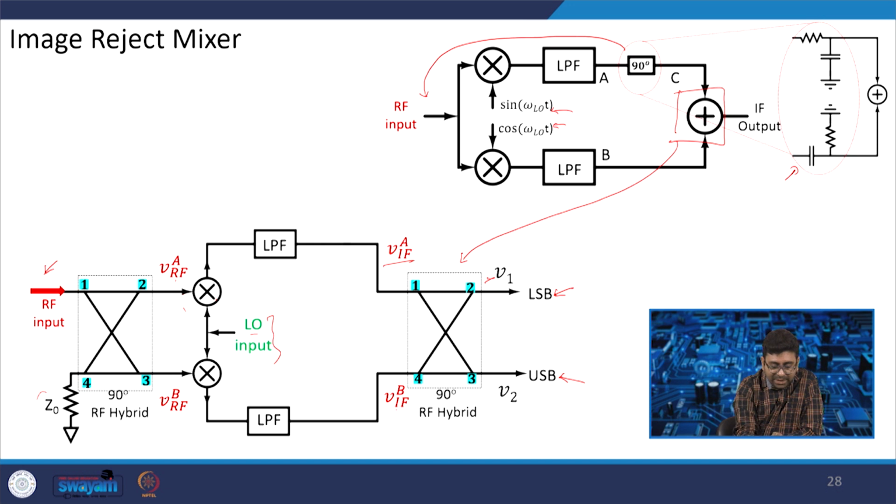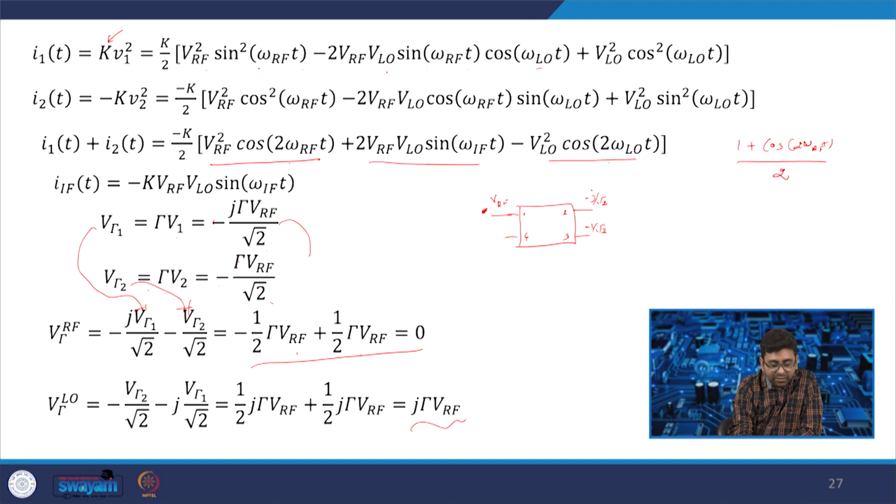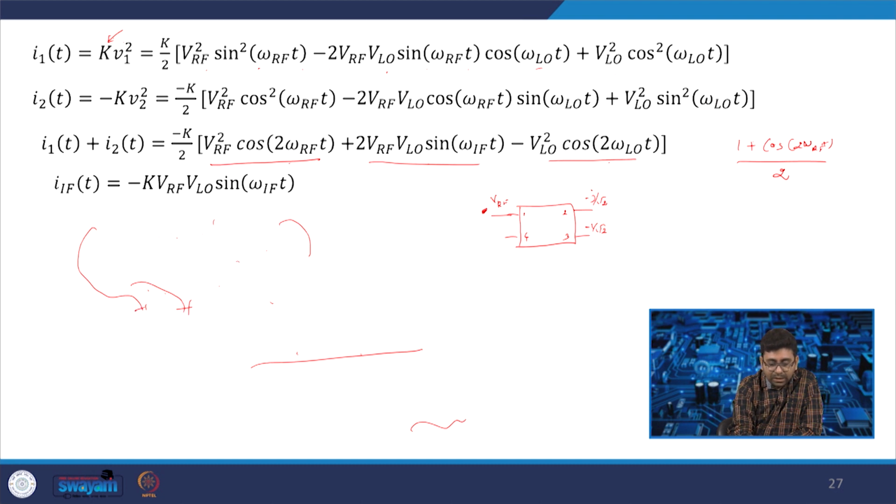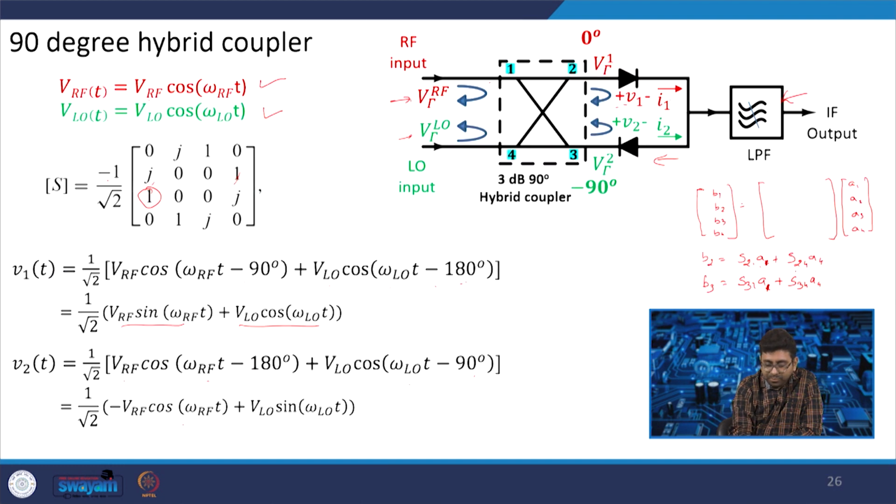So, this V_RF A and V_RF B we can find out by using the S parameters. If at port 1 it is applied, we will get B2, which is S21 A1, and B3, which is S31 A1. So, that is why for one it is minus j by root 2 and for the other it is minus 180.